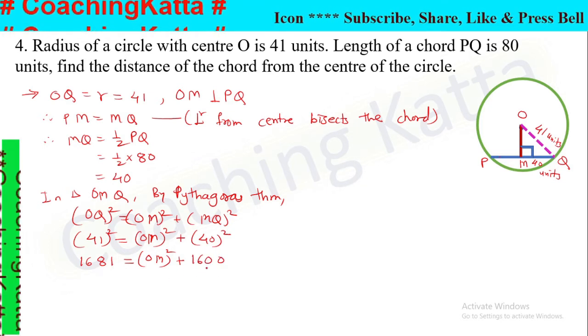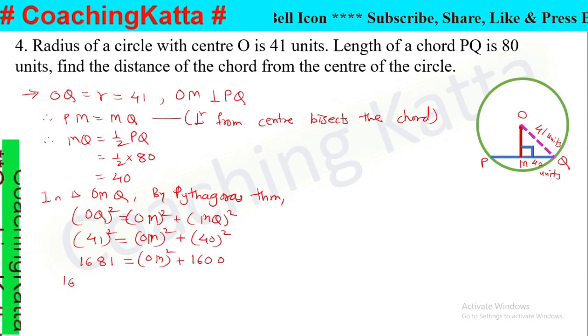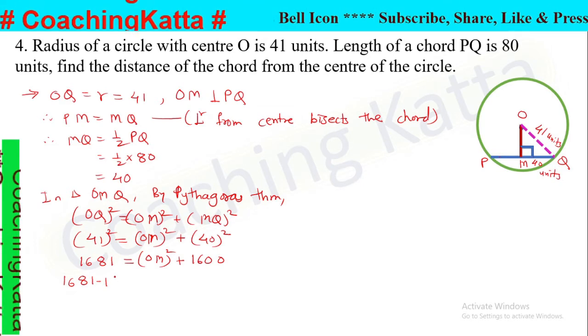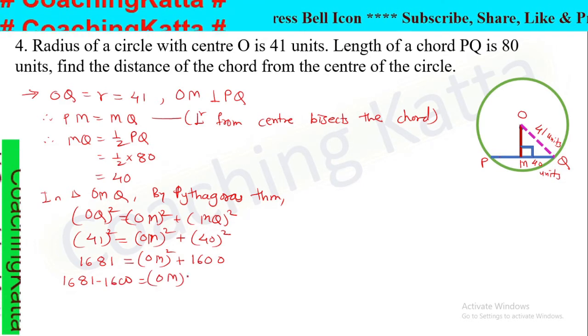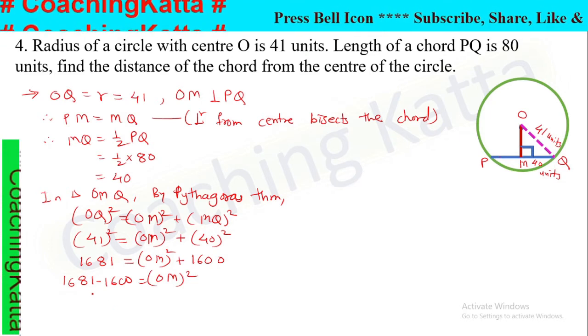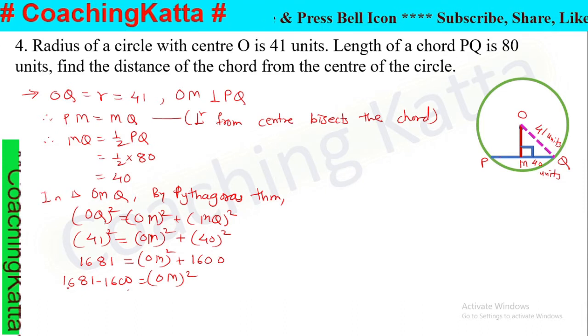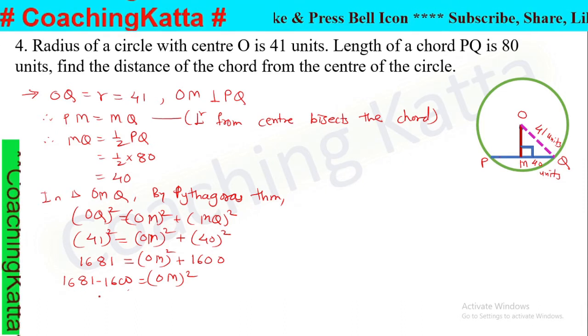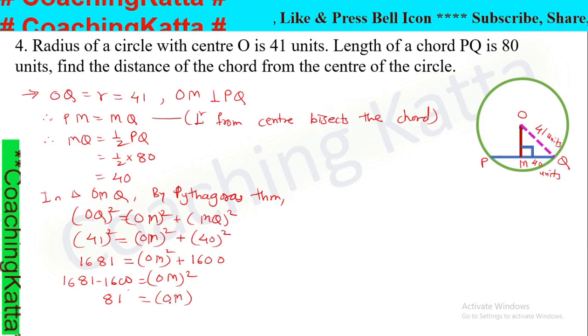Now bring this 1600 to the LHS. It becomes minus 1600. It is equal to OM square. Subtract 1600 from 1681, it is equal to 81, and that is OM square.